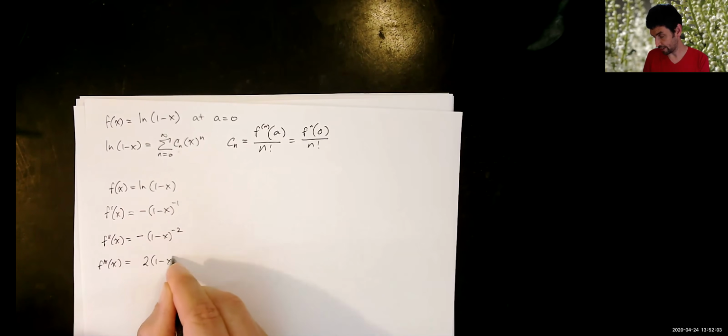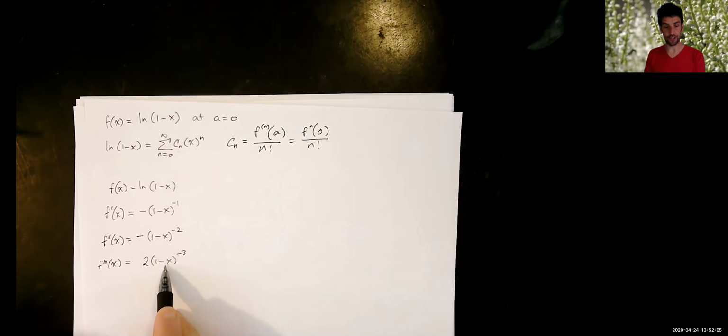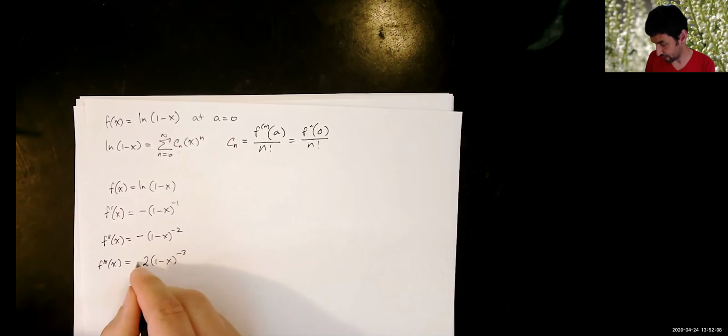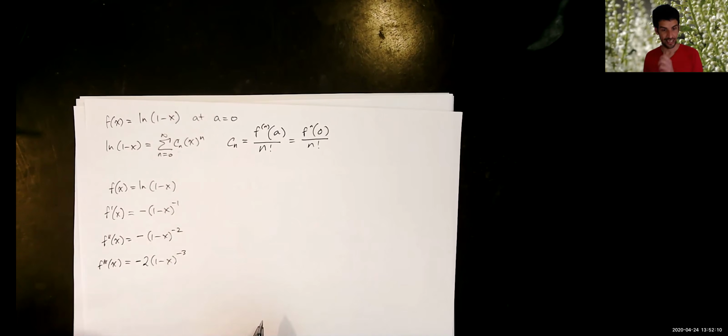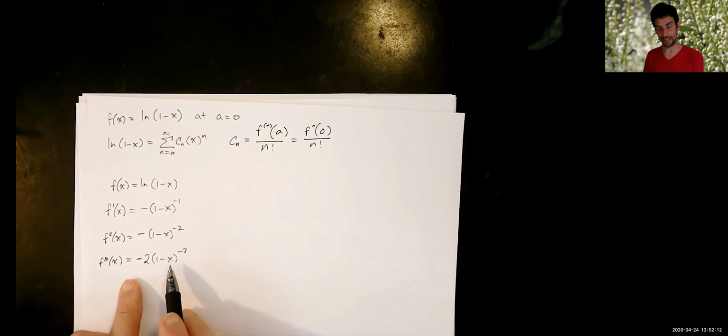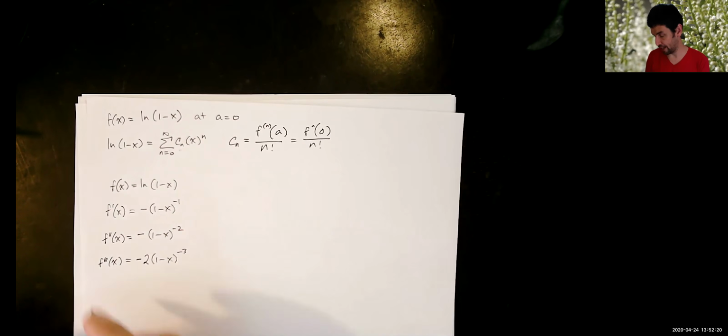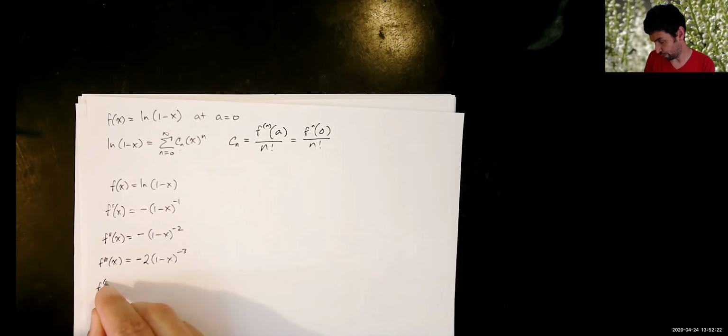I have 1 minus x to the negative 3, but then I have a chain rule that puts a negative in front again, right? So this I can already see is going to keep happening. I'm going to get negatives from the powers, canceling with the negative that's already here, and then a negative from inside on the chain rule is going to make it negative. So I'm always going to have negatives. Let's do the fourth derivative.